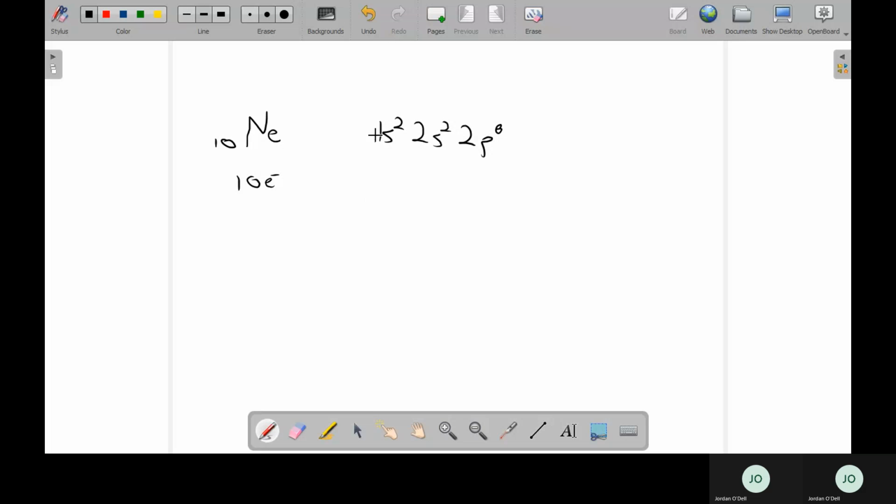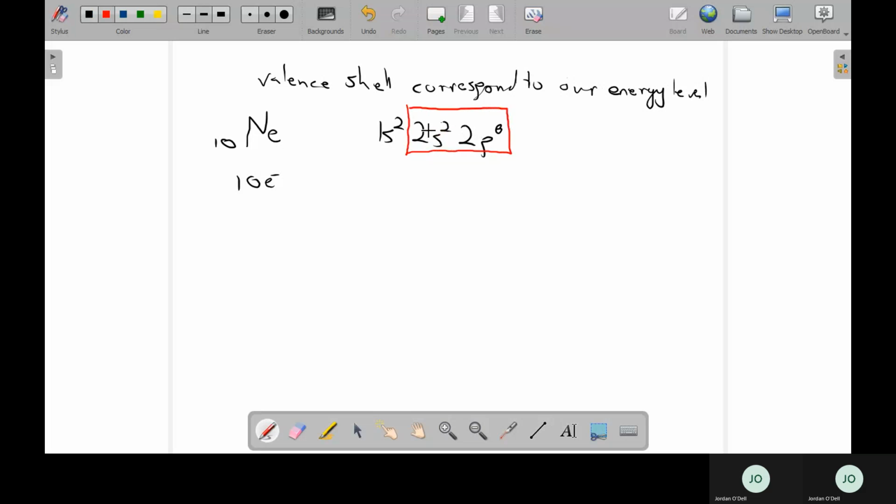Notice that our valence shell corresponds to our energy level. What I mean by that is, if we just take the ones that are energy level 2, we have 2 plus 6, which gives us 8.